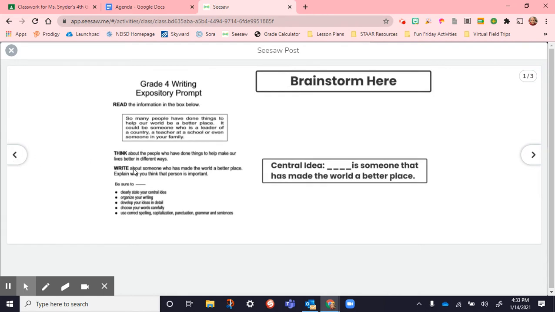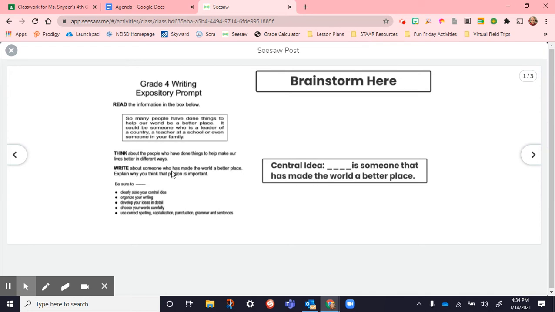In the introduction is where you've got the central idea, where you're telling us who is the person that made the world a better place. Then in your body, that's where you're explaining why you think that person's important. Then at the end, you can put your conclusion where you're going over what we talked about last week, where you're restating that central idea.